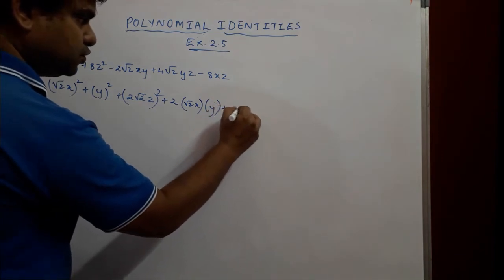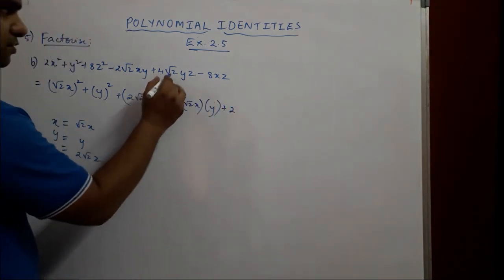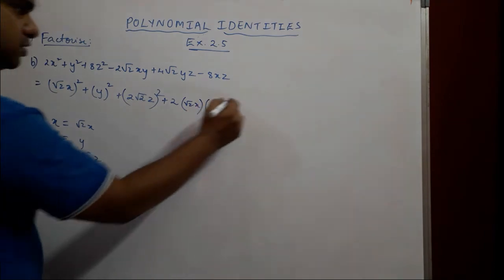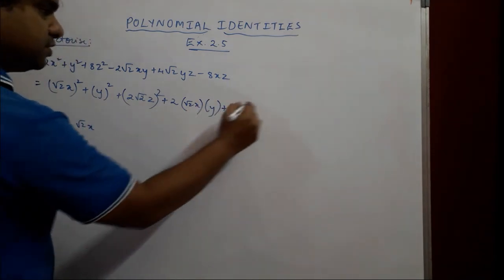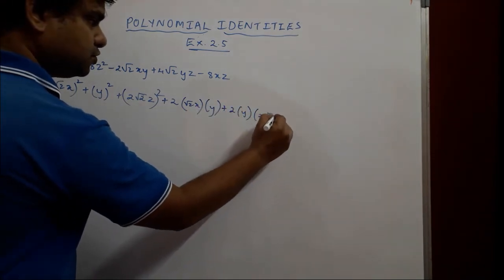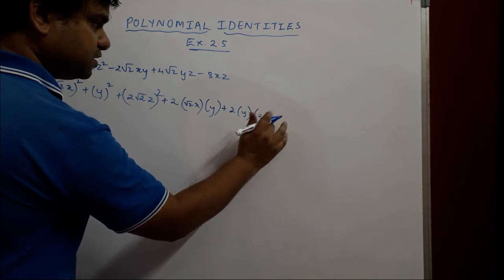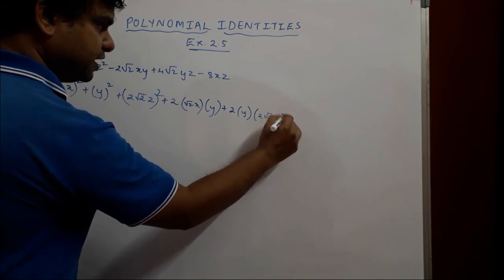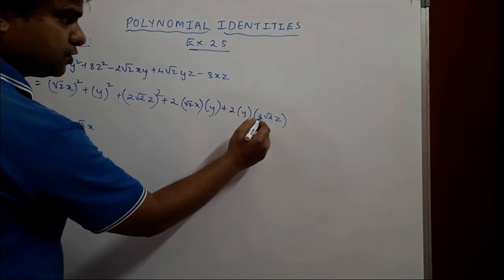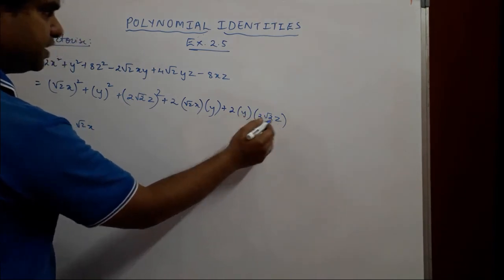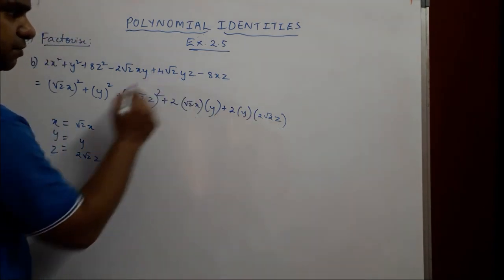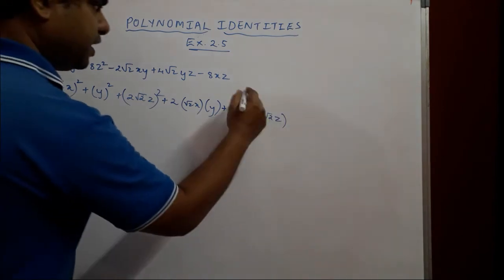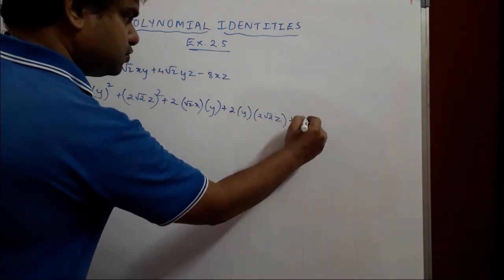Next we write 2yz. So y is just y, and z is 2 root 2 z. Okay, so 2 into 2 is 4, 4 root 2 yz. So that's what we got, and both are positive. Okay, and last one is positive 2xz.